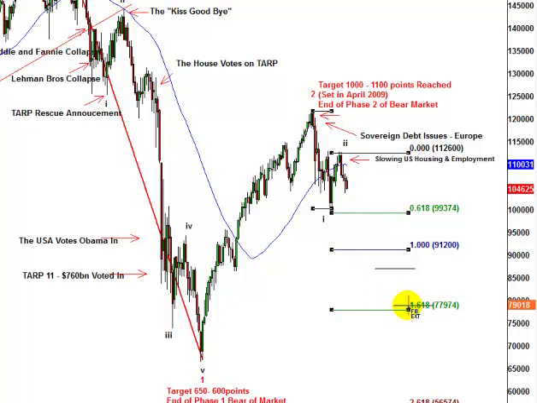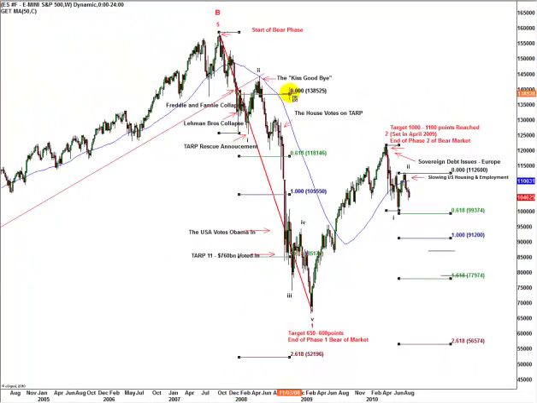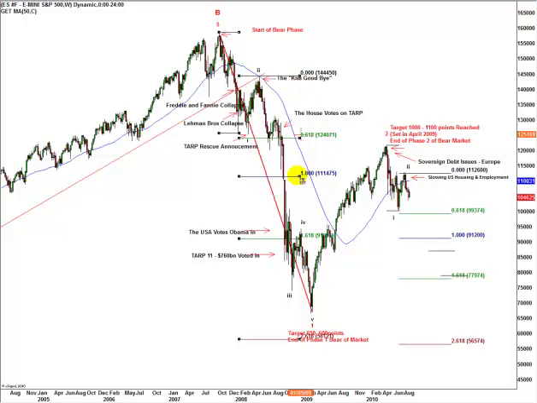Now, traditionally these markets often move this way, and you can see the count here as we would measure 1 to 2, which gives us the end of the third wave count here. So 1.618 at 910 gives us that extension, 61.8 percentage points above the length of this particular first wave.